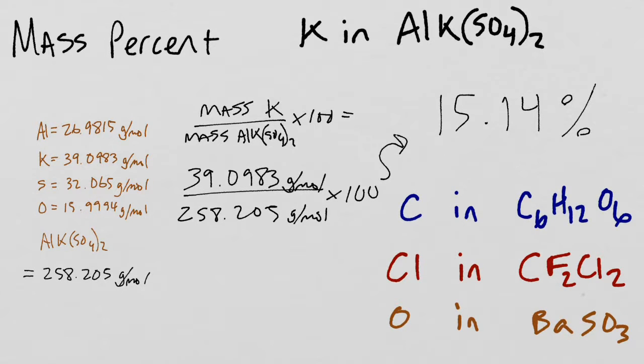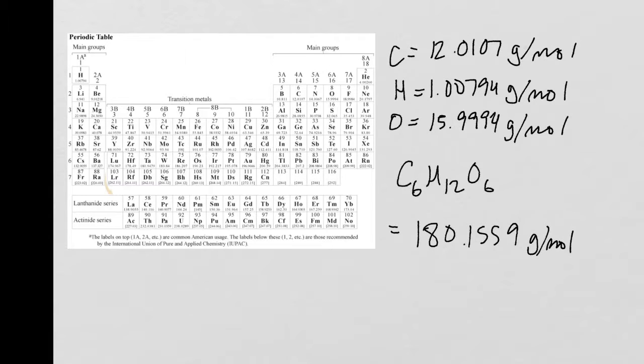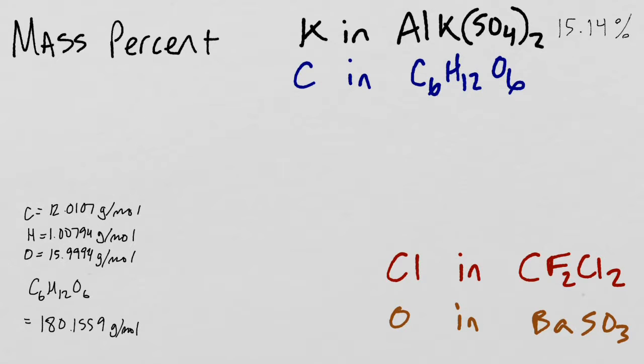Okay, let's do the next one. Using the periodic table, we can get molar masses for carbon, oxygen, and hydrogen, and we can total up a molar mass for the formula C6H12O6, and it comes out to be 180.1559. Here we want the mass of carbon in that full molecule. It's C6, so that means there are 6 of those carbons.